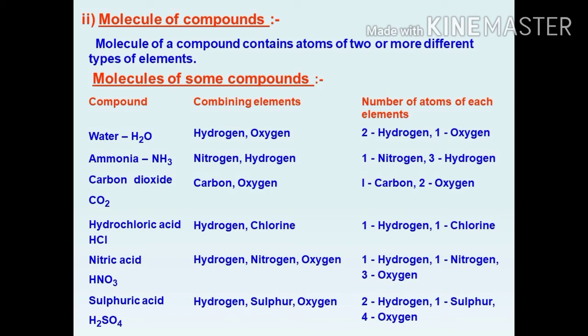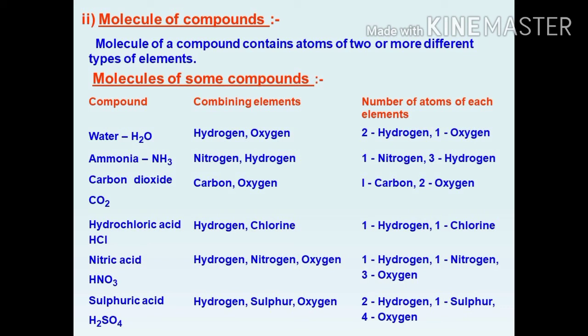Some compounds: compound name, water. What is the chemical formula? H2O. What are the combining elements? Hydrogen and oxygen. Number of atoms of each element: two hydrogen, only one oxygen.